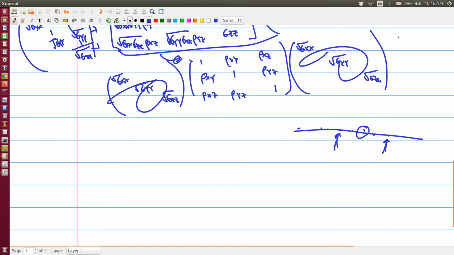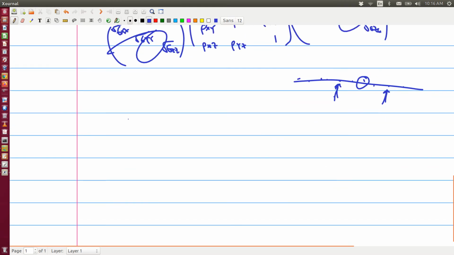Let me just write down. So we have the weight is a Gaussian, with standard deviation, let's say, sigma weight squared. This is the prior.